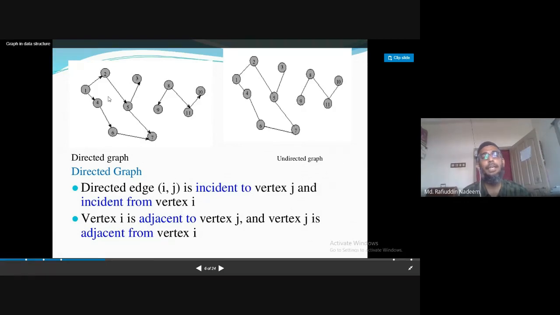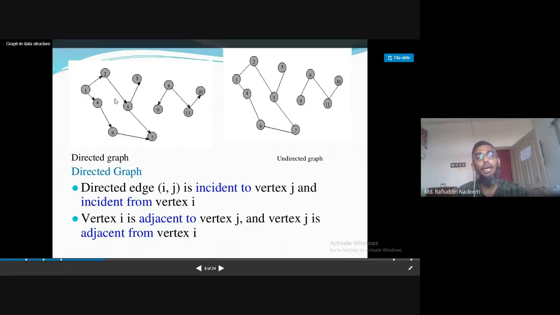So if I take an edge from 1 to 2, I can say it is incident to 2 and incident from vertex 1.